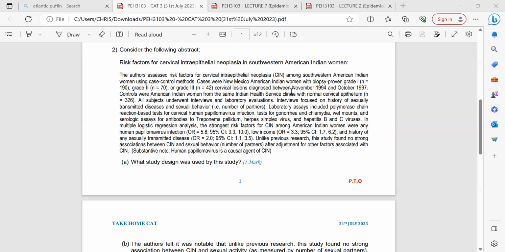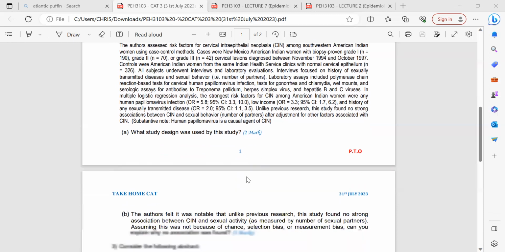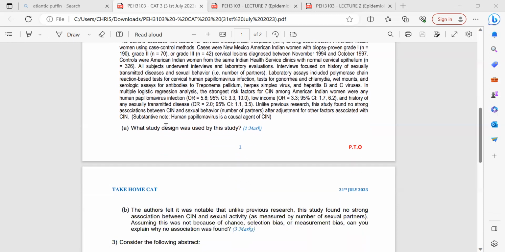Now, what study design was used by this study? That is question number 1. Yes, please. Case control study design.